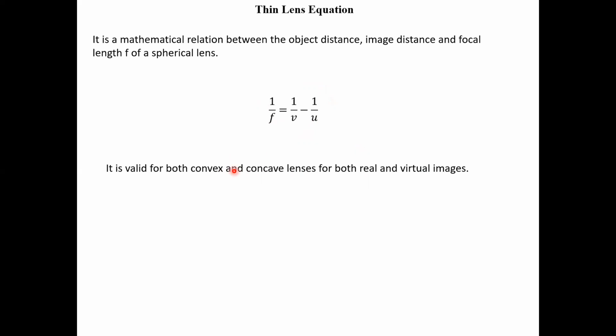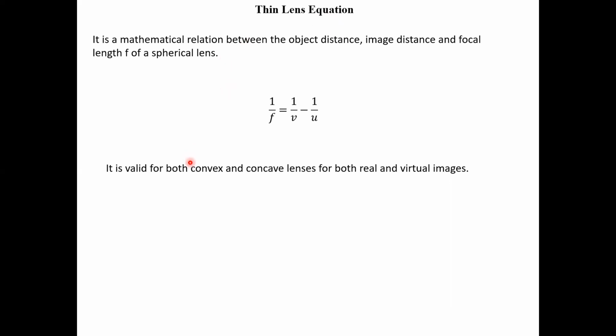Now, we have already discussed the new Cartesian sign convention. Okay, and some assumptions here. In order to derive the thin lens formula, we'll take some assumptions. Okay, so first assumption is the lens should be a thin lens.